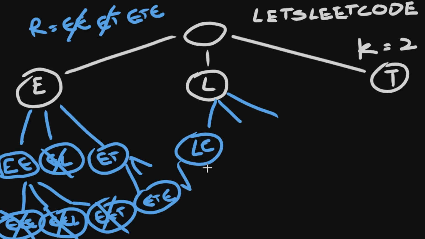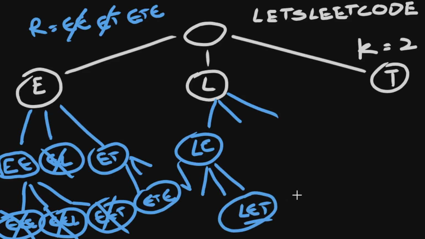So from here we move 1 more level, we have 3 more branches here, and one of these branches will be LET. So we are looking for LET in the string, and here we have LET. So this is good, and this has the same length of our current result, but this is lexicographically larger than this, so we need to replace this with LET.